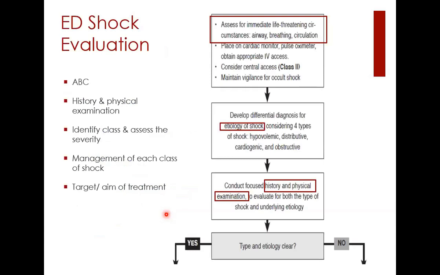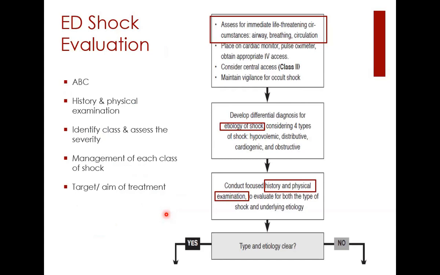Okay, next. When a patient comes to you, the first thing we have to assess is the patient's ABC: airway, breathing, circulation. This is very important for all patients that attend the ED because you need to rule out any life-threatening conditions. Once the patient is here in the ED, you put on cardiac monitoring and assess the patient quickly.